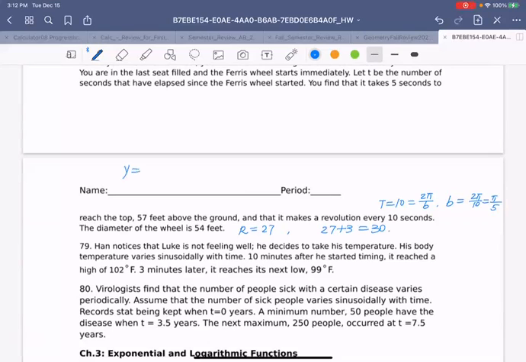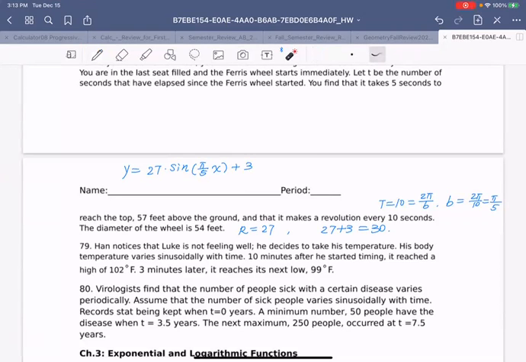So the y is going to be 27 times sine b x. B is pi over 5 times x, and then plus 3. Okay.